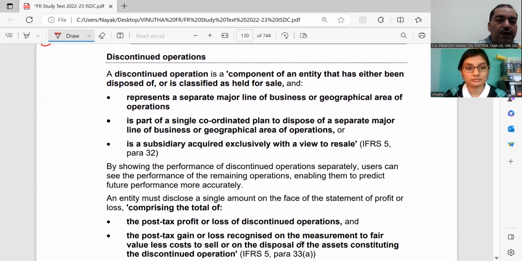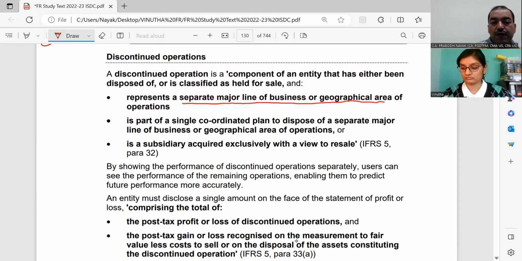Coming to the second part of IFRS 5, that is discontinued operations. A discontinued operation is a component of an entity that has either been disposed of or is classified as held for sale, and represents a separate major line of business or geographical area of operations.